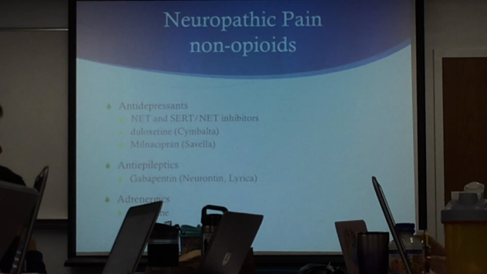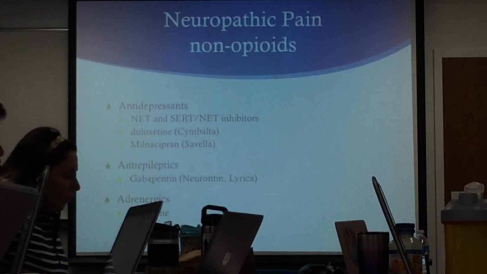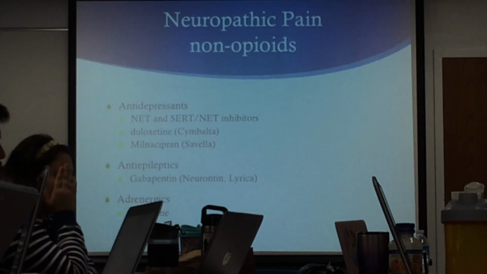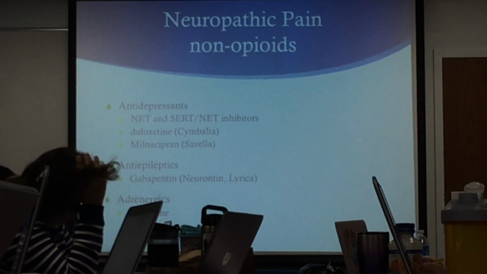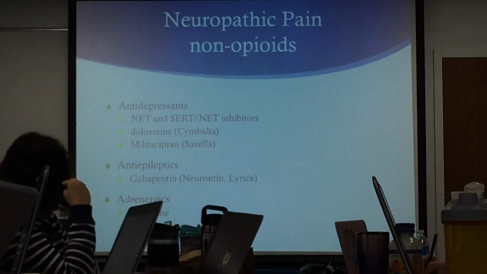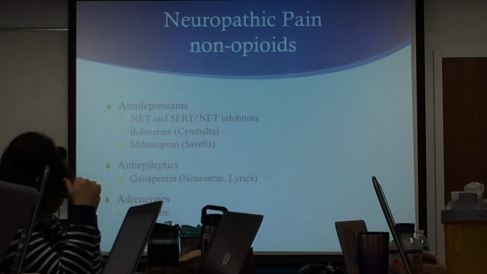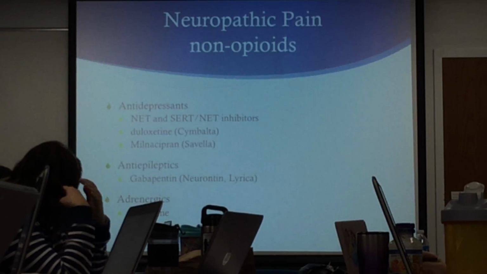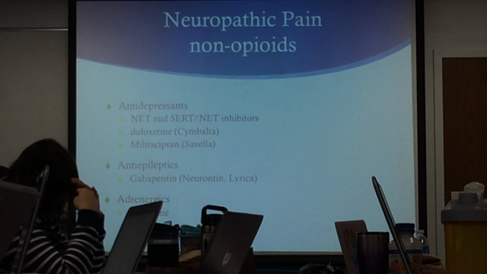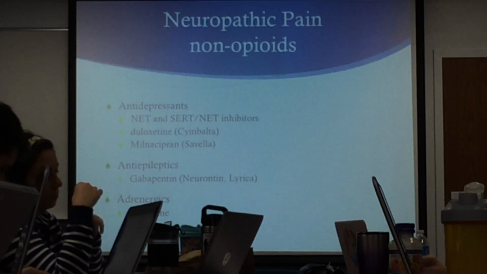The typical SSRIs are not effective in treating neuropathic pain, and the uptake inhibitors that inhibit dopamine are also not effective. The two that are predominantly used are duloxetine and milnacipran, and those are their names. Both of these are SNRIs, serotonin norepinephrine reuptake inhibitors.